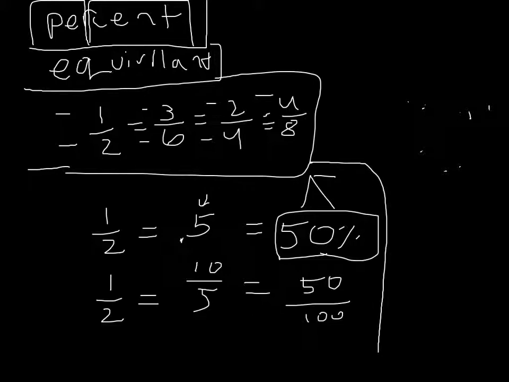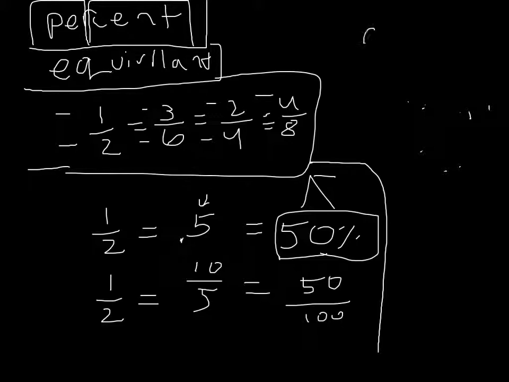So let's just say there is a test that has 25 questions on it. And when the test is handed back to you, you got 9 out of the 25 questions right. Now, if you wanted to see what percentage you got, how do you do it? Well, this is how.